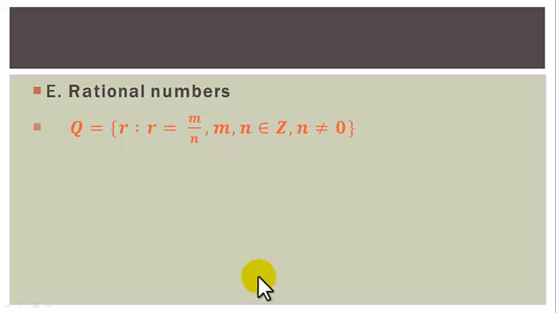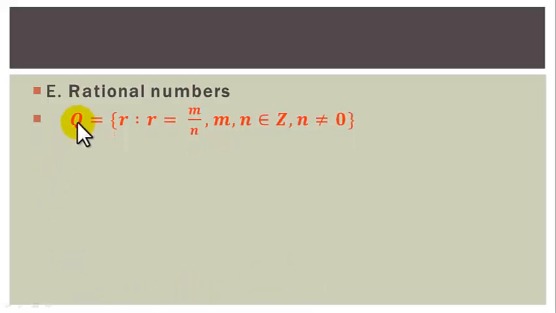The set of rational numbers is denoted by capital letter Q, and it is the set of all r such that r is equal to m over n, where m and n are elements of Z, and n is not equal to 0. That is, the set of rational numbers Q is the set of all fractions m over n.